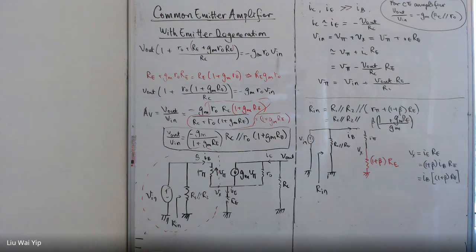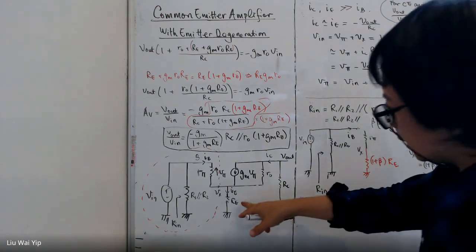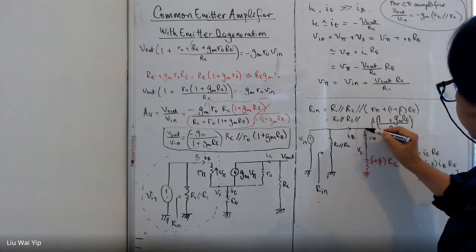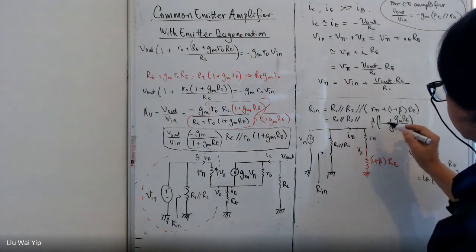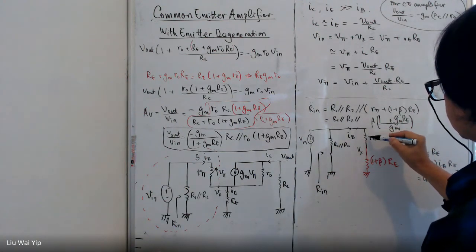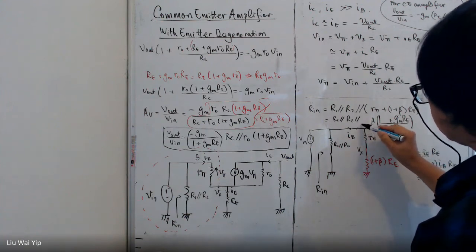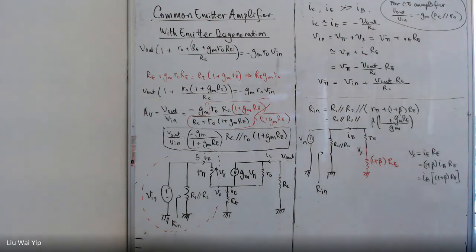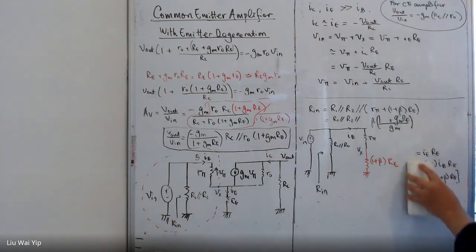And if the resistance here is large enough, this is the B terminal, right? Okay, let's leave it up.